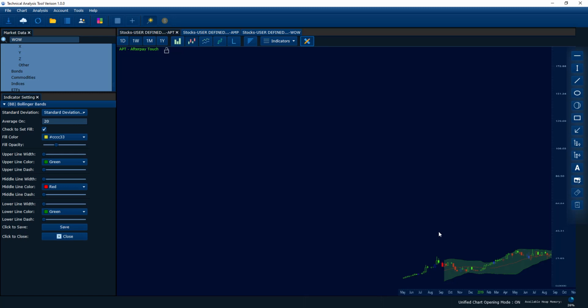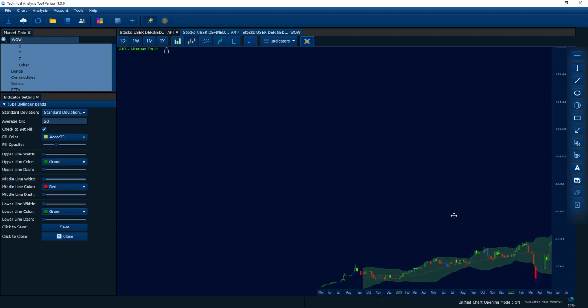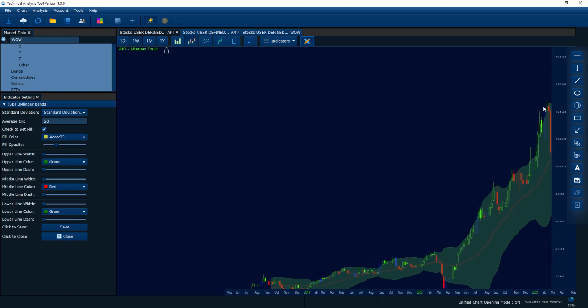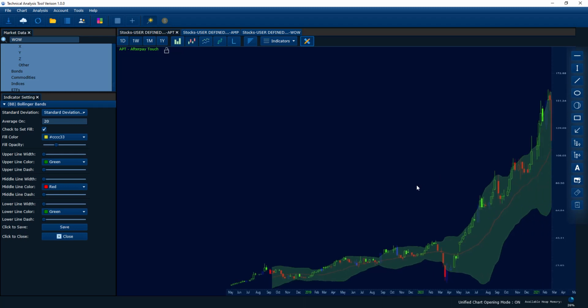If you see a share where the Bollinger Bands are very close together, it means this particular share has very low volatility. Conversely, if you see the bands widely open, very wide, it means the volatility is very high. Of course, the volatility of a share can change from very low to high.